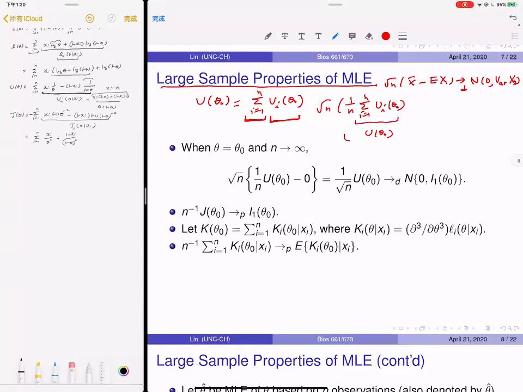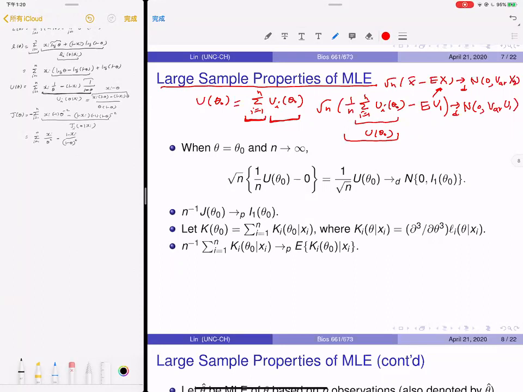I'm creating this U bar, for example. Then by the central limit theorem, root n times (U bar minus EU1) goes in distribution to a normal with mean 0 and variance of U1, just by the central limit theorem.